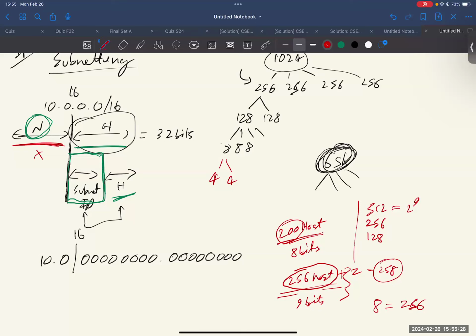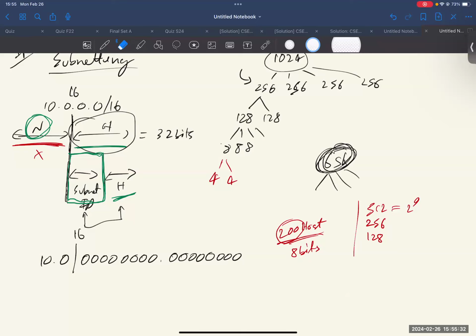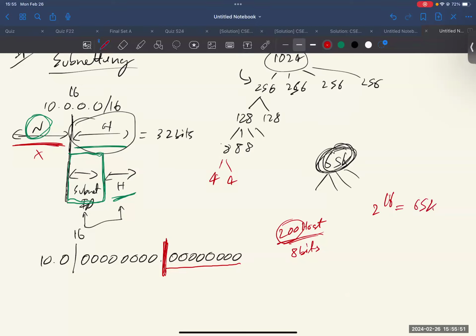Okay, so with the original question, I had the requirement of 200 hosts, right? So for this, I need 8 bits. So for the host bits, I'll count from right to left. So 8 bits, 1, 2, 3, 4, 5, 6, 7, 8. I'll be drawing my line here. There. So 2 to the power 16 is what? It's something like 65K, right?